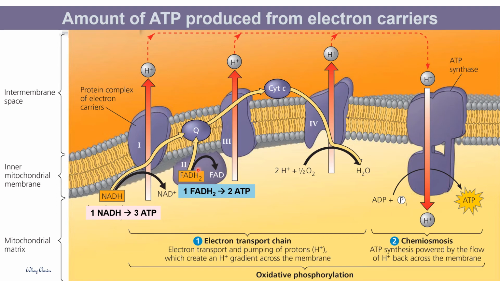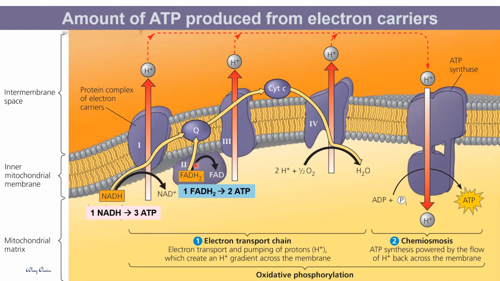So the electron pathway begins from complex 2 to coenzyme Q or ubiquinone, complex 3, cytochrome C, complex 4, and the electron is finally accepted by oxygen atom and reduced with the 2 protons to become water molecule.